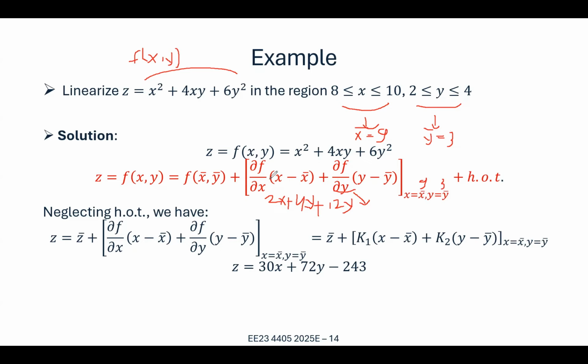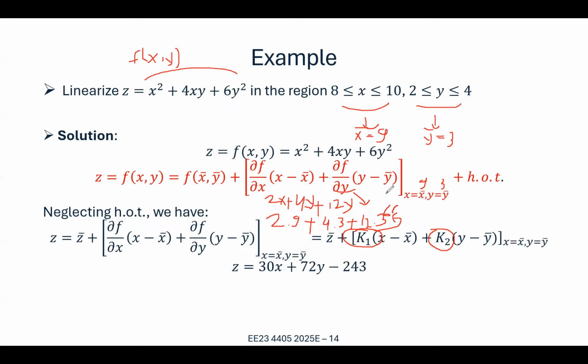So we plug in the values. Here we get 2 times 9 plus 4 times 3, so 18 plus 12, 30. That is K1, and here we have K2.